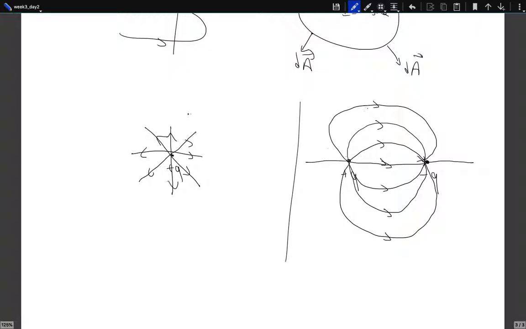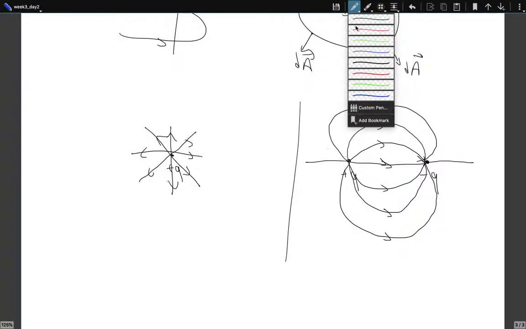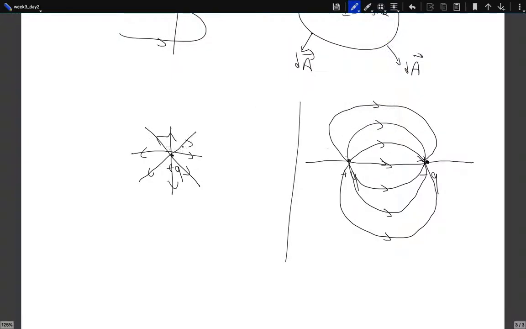So now let me count the number of electric field lines passing through this area. How many electric field lines cross that area?